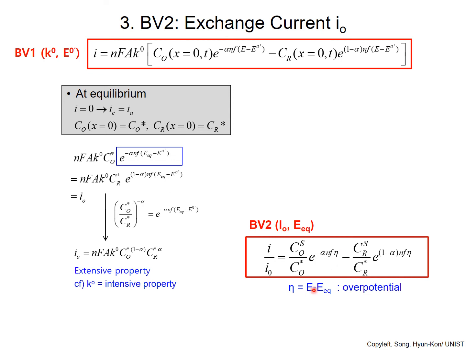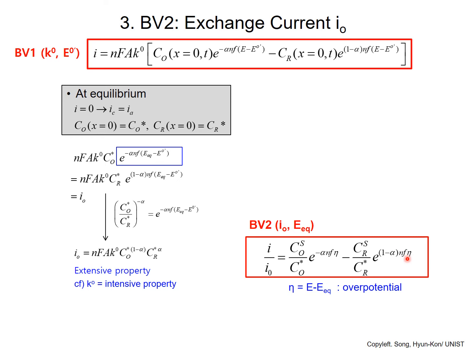Eta is the potential with respect to the equilibrium potential instead of the formal potential, which is called overpotential. Also, in the same way, the second term is divided by this equation. Then you could obtain a similar function, like surface concentration to bulk concentration for the reduced species, and the exponential function of 1 minus alpha f times overpotential.